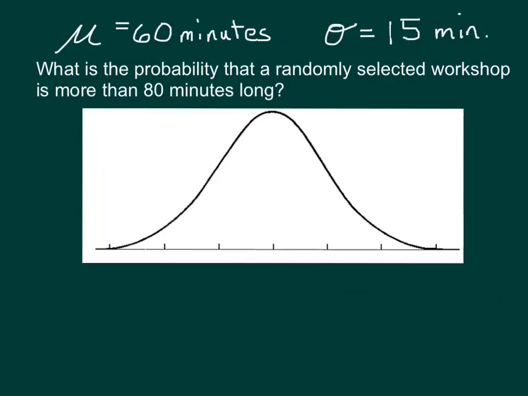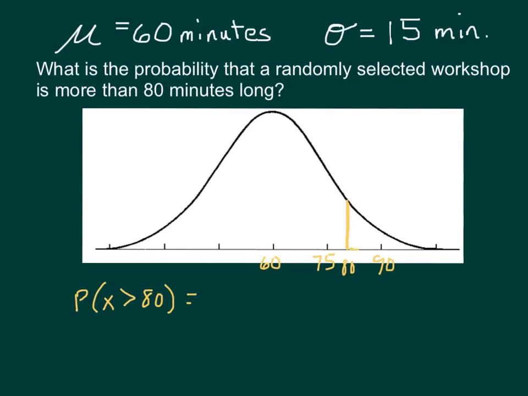So now, given that information, what is the probability that a randomly selected workshop is more than 80 minutes long? So again, the mean was 60, there's 75, and there's 90. And so 80 would be to this side of 75, to the right. And so we want the probability that the length of the workshop is more than 80 minutes long.